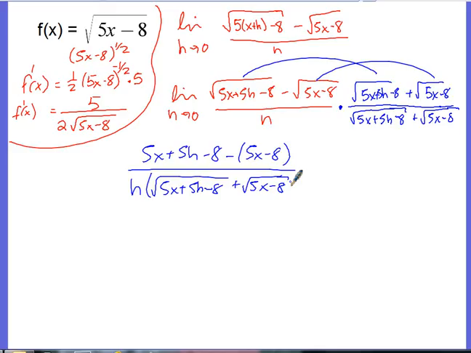So, see what's going to happen, guys? This is going to become minus. This is going to become plus. And then what do you notice? 5x's cancel. The 8's cancel. So, what am I left with? 5h over all that stuff. Very good.